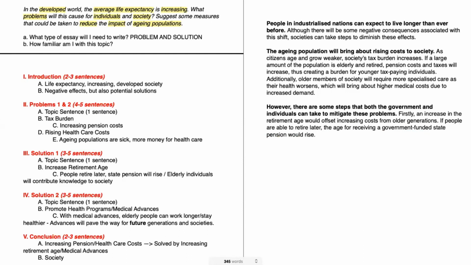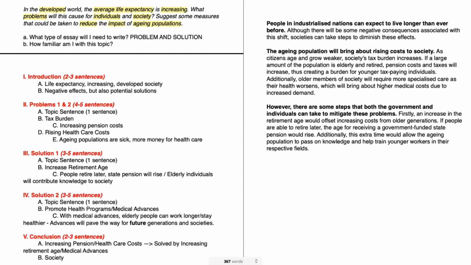I'm also going to add a little bit more here because I'm thinking of a sentence that would flow well into paragraph 4. And again, I have the space because this paragraph should be more or less 3 to 5 sentences. So I'm going to continue and say, additionally, this extra time would allow the aging population to pass on knowledge and help train younger workers in their respective fields.